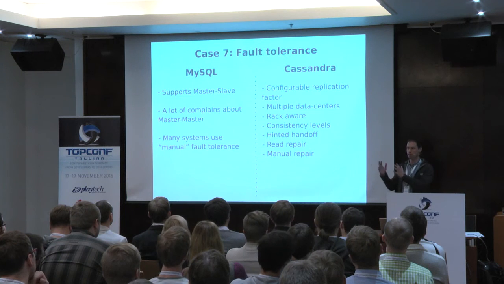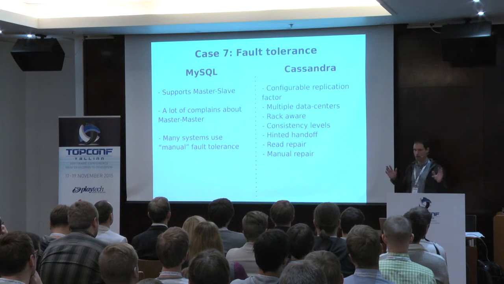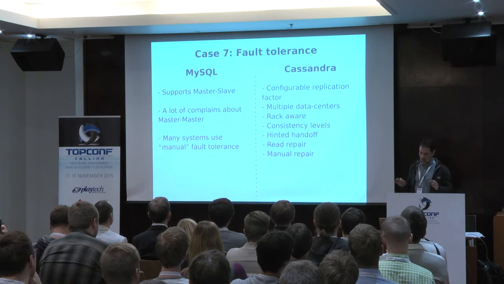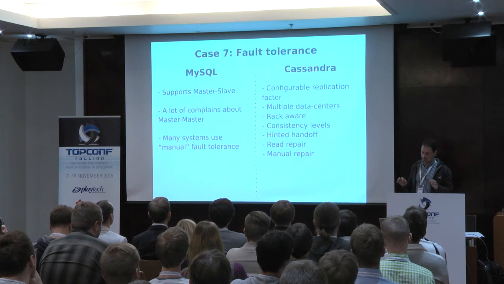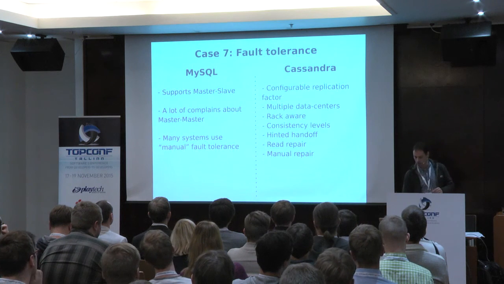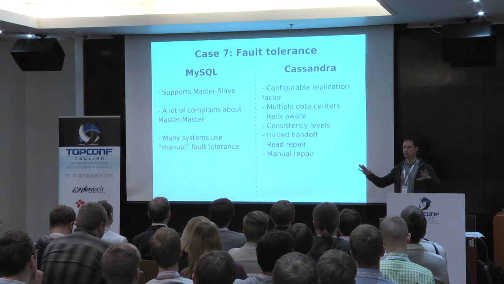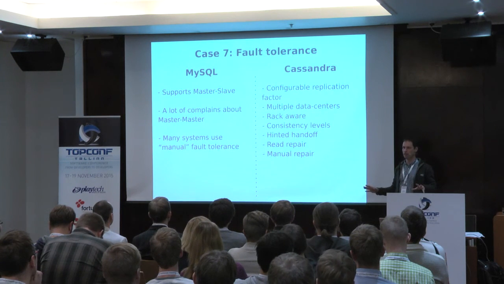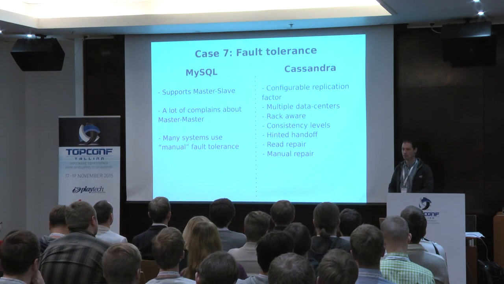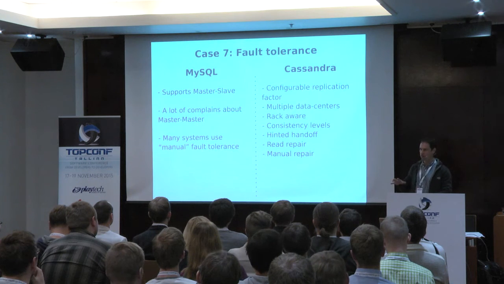You have to do something with the slave, either promote it to master or do some other tricks. Different solutions were tried, but in a lot of cases people just use manual fault tolerance. They keep this master-slave infrastructure, but as soon as something dies, they fix it manually, put in a new server, and only then your system becomes fully functioning again.